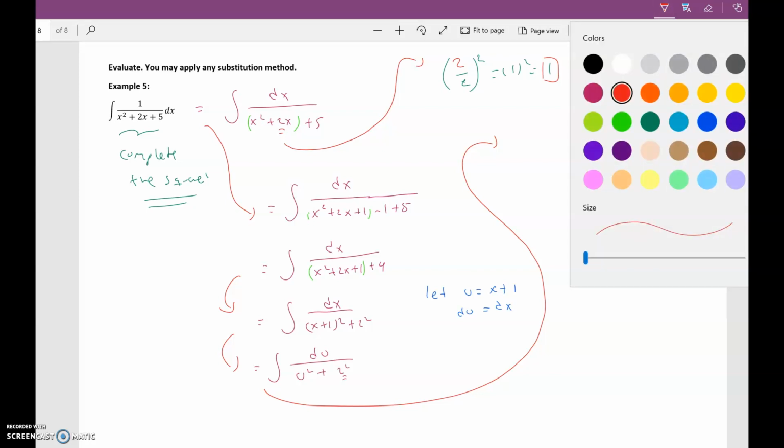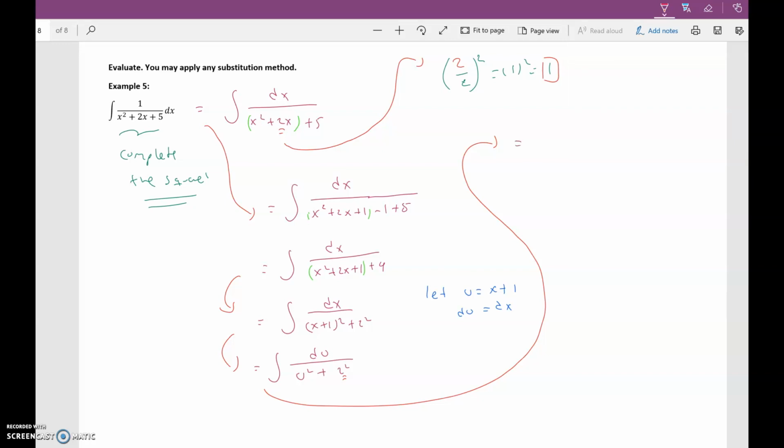So our final answer is going to end up being a 1/2 tangent inverse of u over a, or u over 2, plus c, or a 1/2 tangent inverse of x plus 1 over 2 plus c. And that would be our final answer.